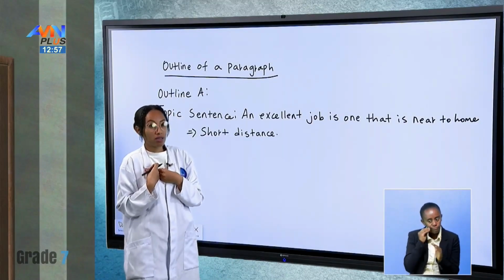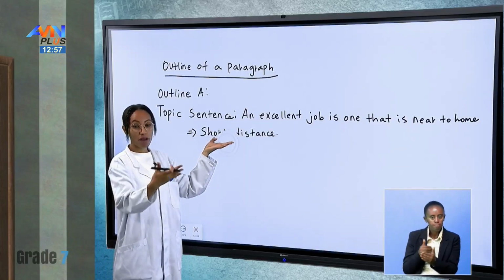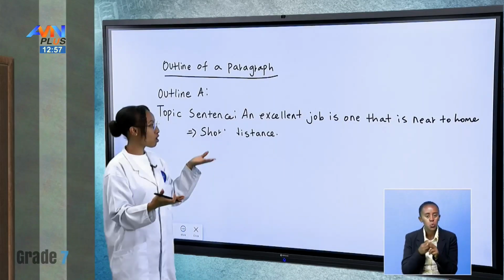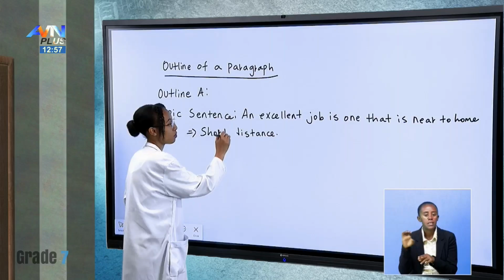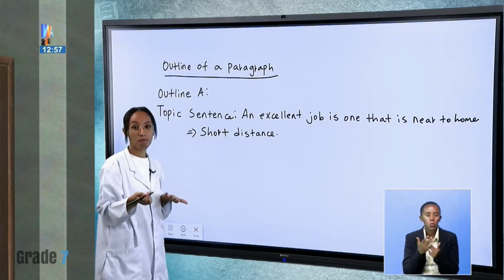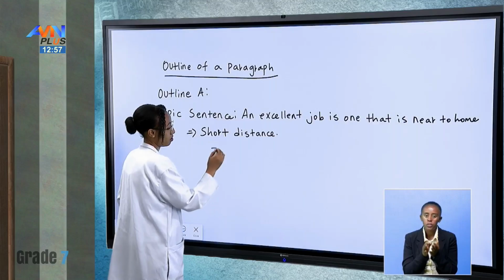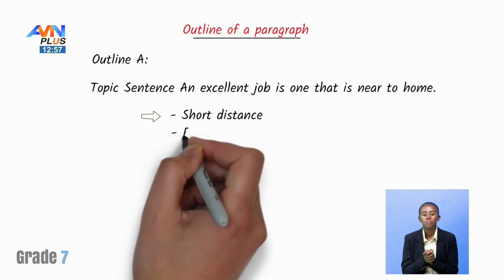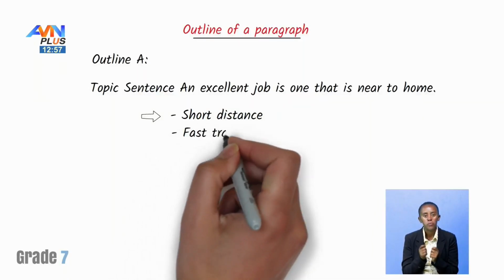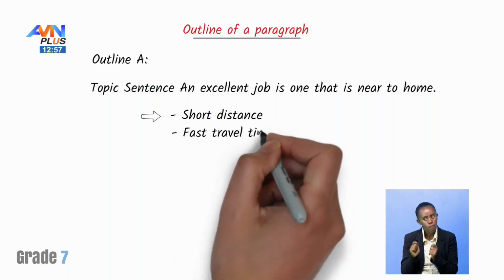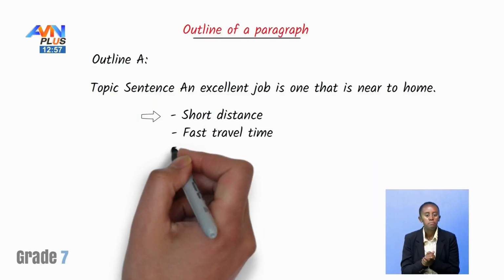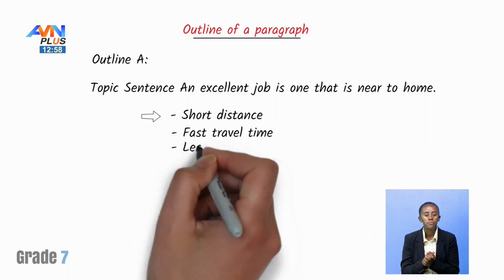If our job is near our home, it is a very short distance. So in short distance, for example, we could mention fast travel time, less gas.